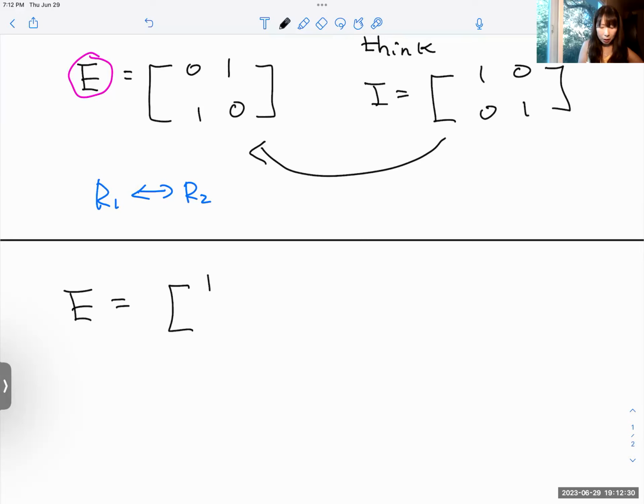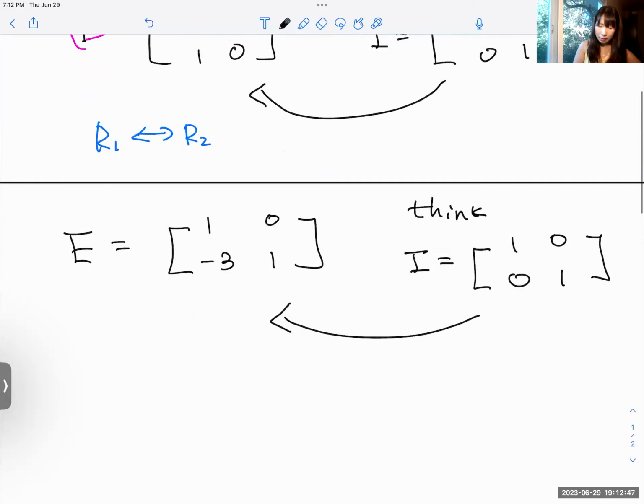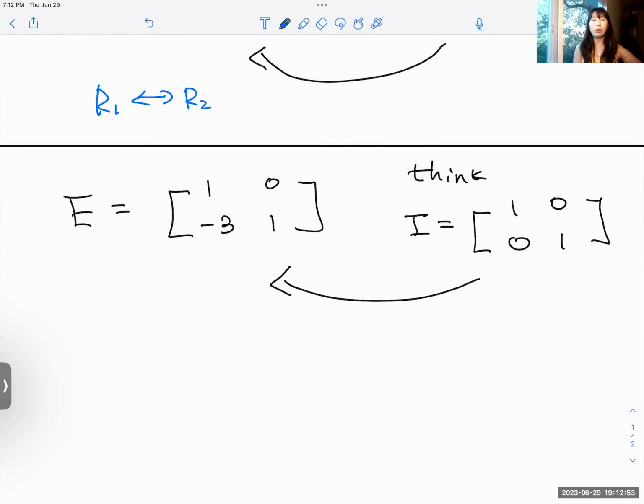We have 1, -3, 0, 1. Now, think from the 2 by 2 identity matrix, 1, 0, 0, 1. So how do you make this one? -3 row 1 plus, not plus, correct?